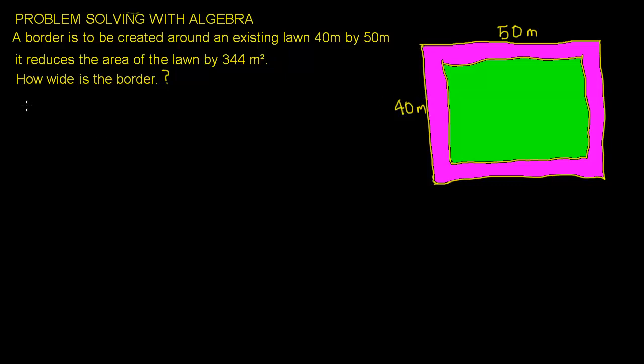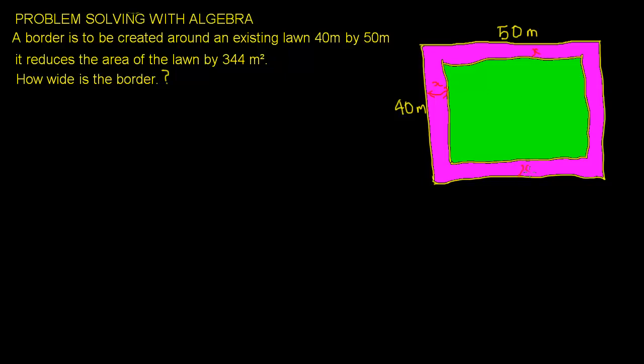So first thing we're going to do is use a red pen, and we're going to say, let's make the width of the border here X. So it'll also be X across here. It'll also be X wide here.